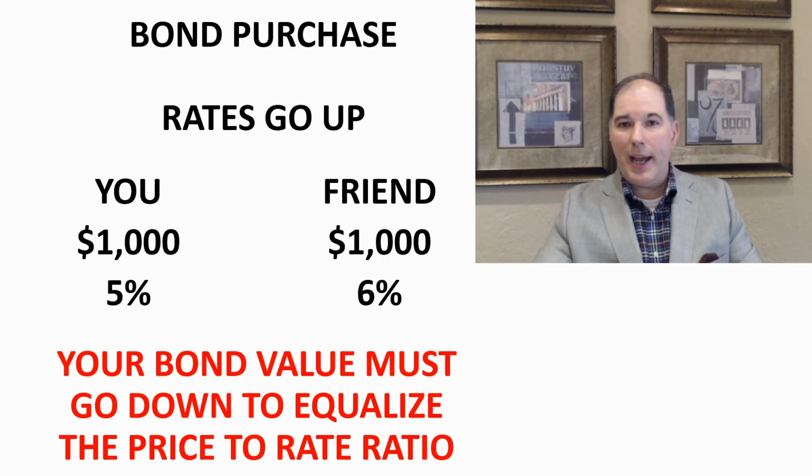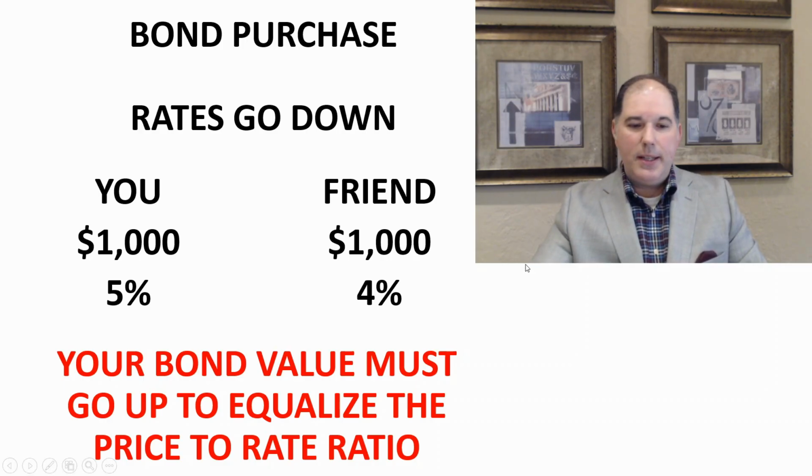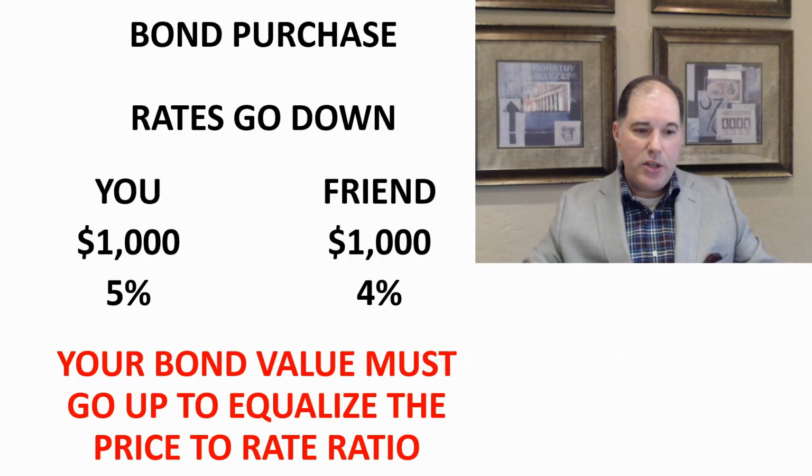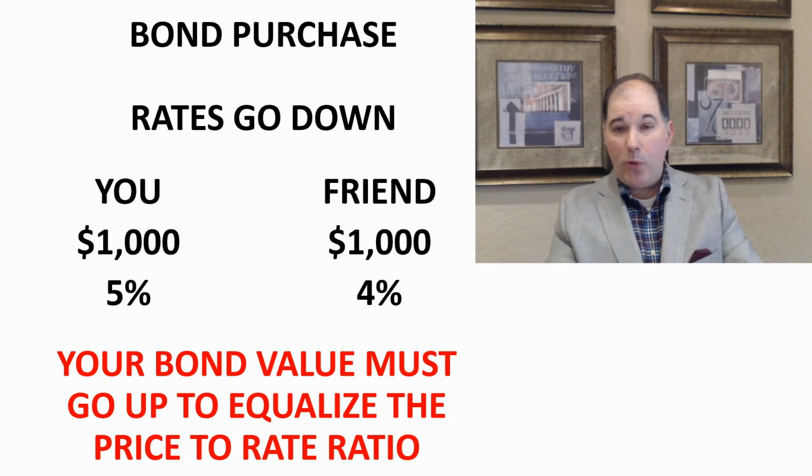Now let's take a look at another example. What if interest rates go down? So in this example, you buy a bond for $1,000 and it pays 5%. Your friend buys the same bond next month for $1,000, but now it's 4% instead of 5%. So would you expect to pay the exact same for a 5% bond as a 4% bond?